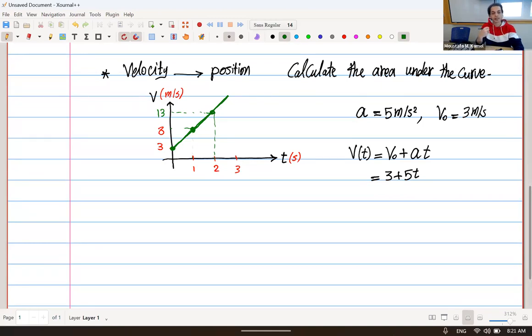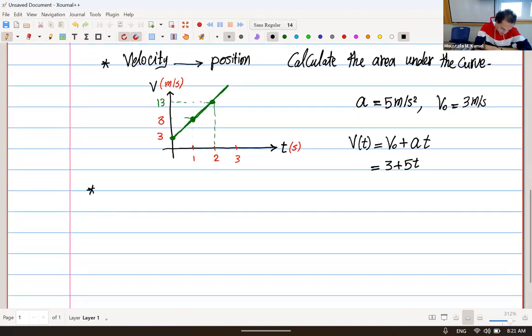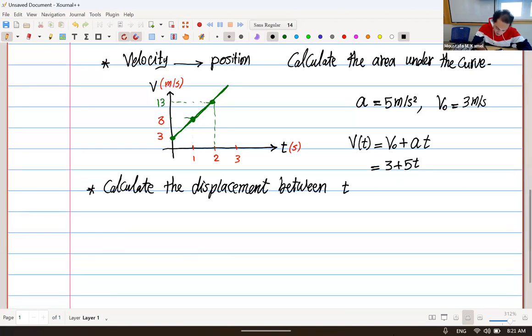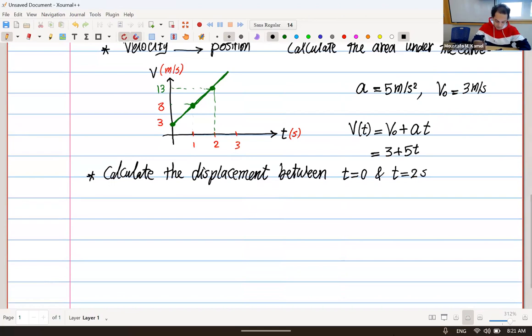If I wanted to calculate the displacement this object made between 0 and 2 seconds, so if I asked to calculate the displacement between t equals 0 and t equals 2 seconds, what I will do is calculate the area under this curve from 0 to 2.